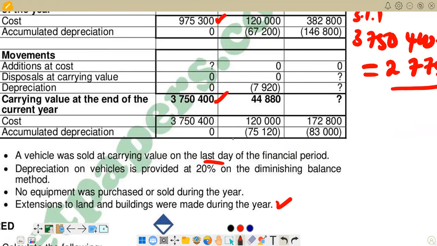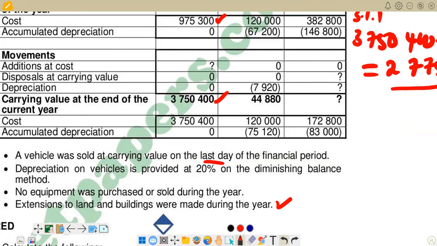But if this vehicle was sold sometime during the year, we are going to calculate the number of months that it stayed in the business. Then we make a proportion of the depreciation that we did find per year. If it stayed 3 months, we say 3/12 times the depreciation that we get per year to get the proportion of the 3 months. But really, we are being told that it stayed the whole year, so we are just going to do the normal calculation of per annum, and then the figure that we get is the one that is going to be charged to the income statement under operating expenses.